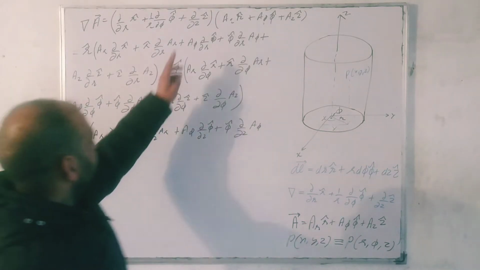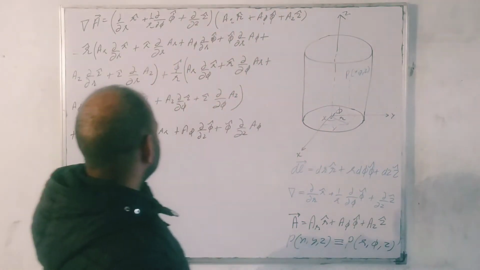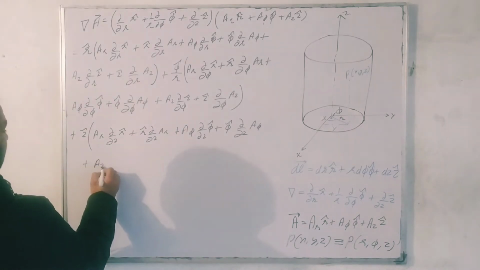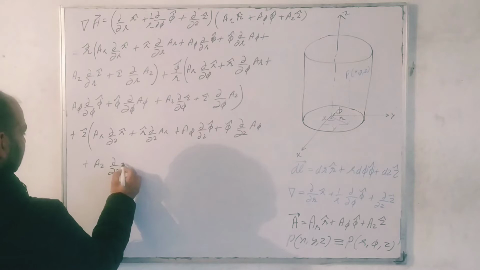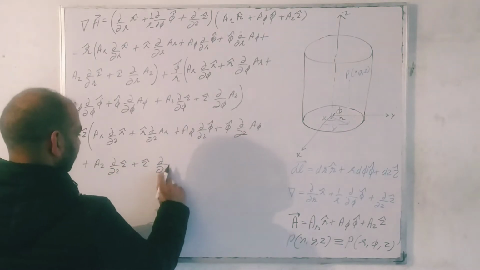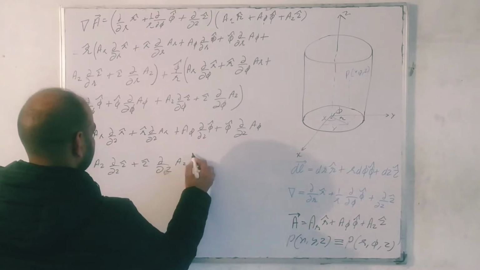Now we will operate this particular operator on this one, so this is the last term, so I am writing plus ∂AZ/∂Z Z cap plus Z cap ∂/∂Z AZ.